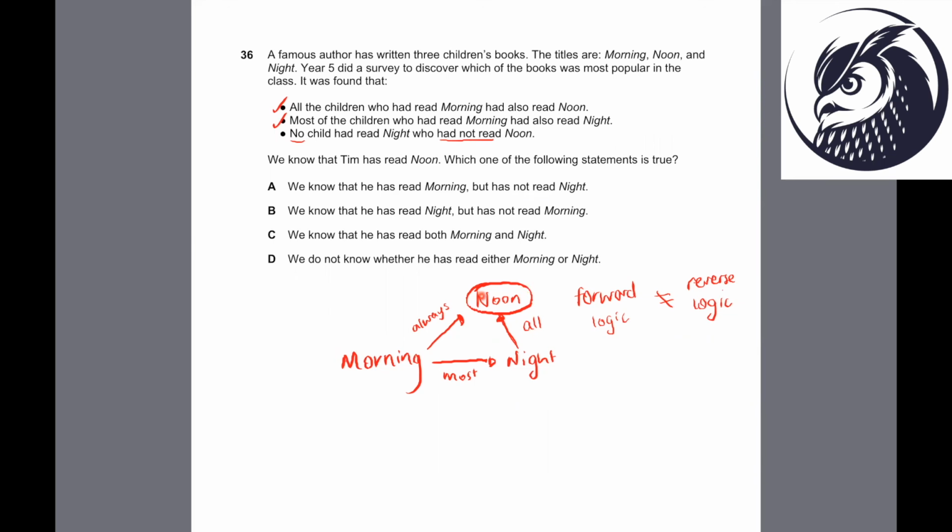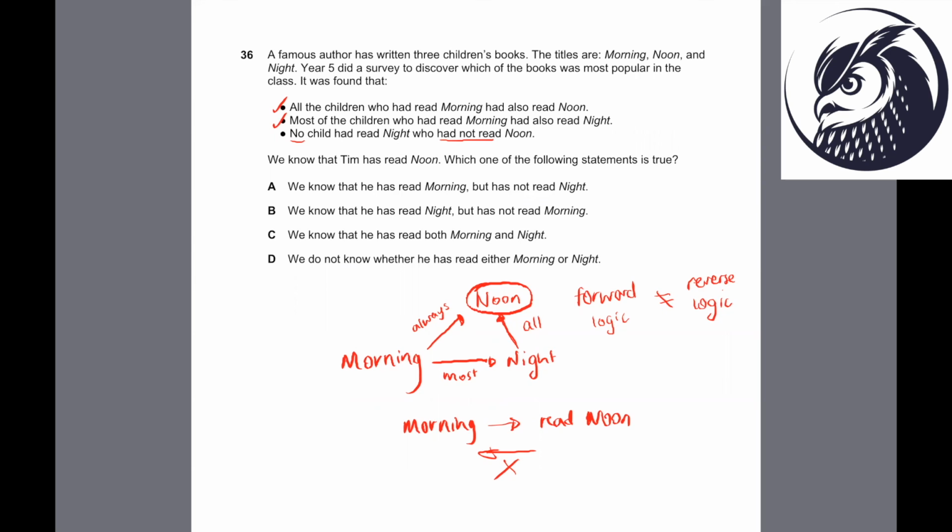Now that does not mean that if I've read noon, that I've always read morning. Okay, so just to really emphasize it, I'll draw this little diagram here. So morning means you've read noon. This backwards relationship is not true. Okay, so big cross through there. If you've read noon, that does not mean you've always read morning. Okay, we can't assume that.